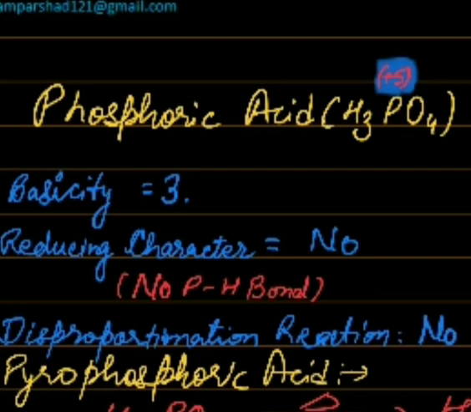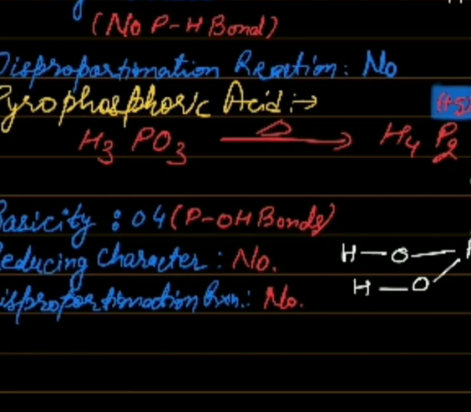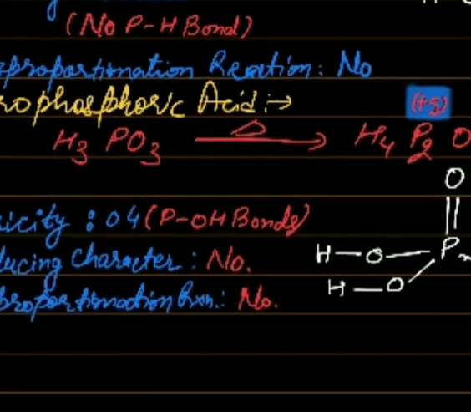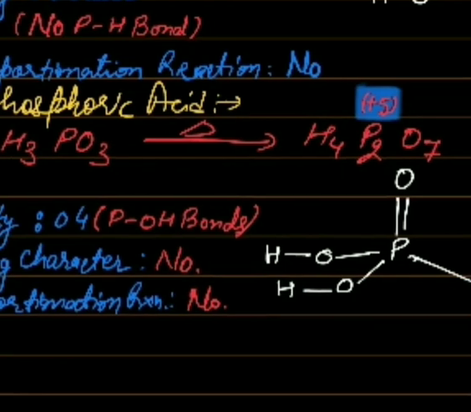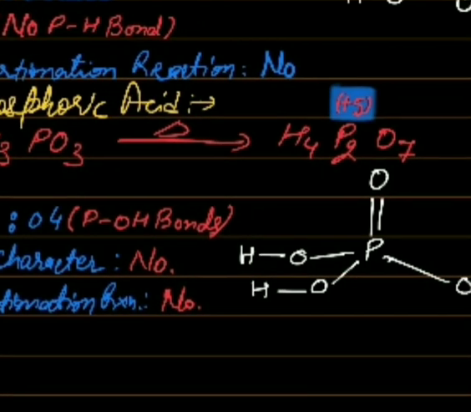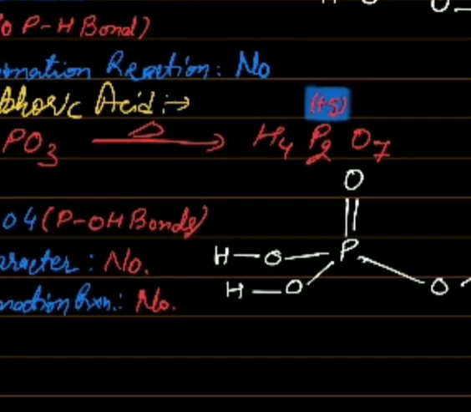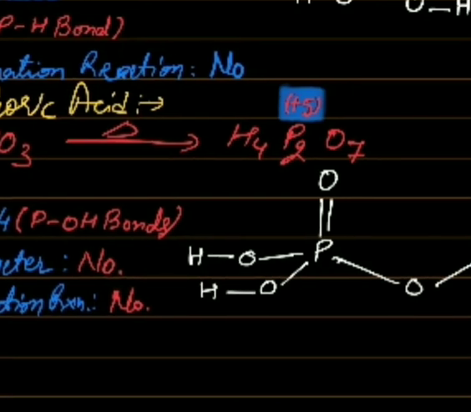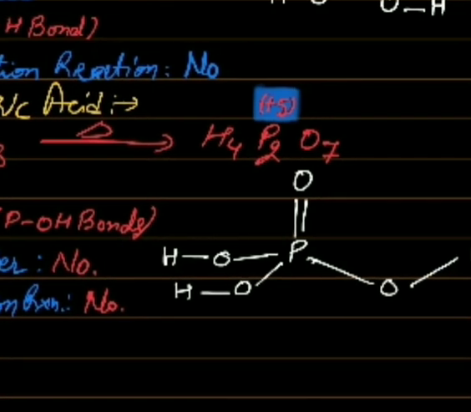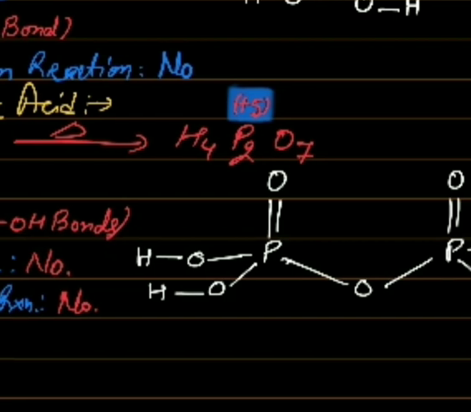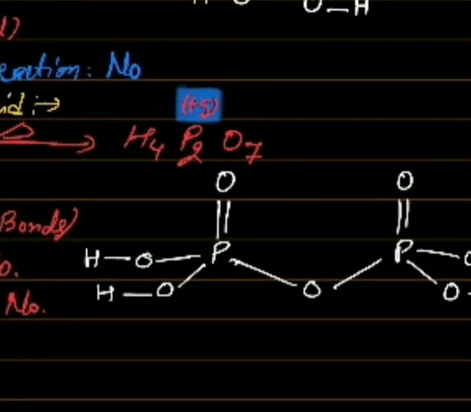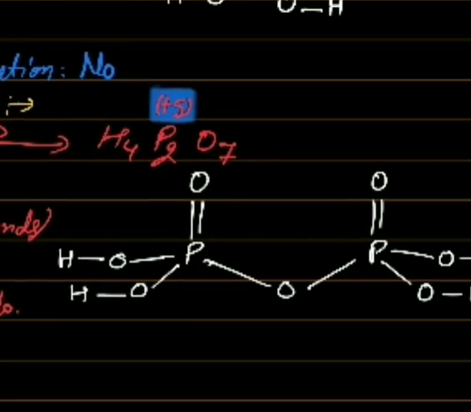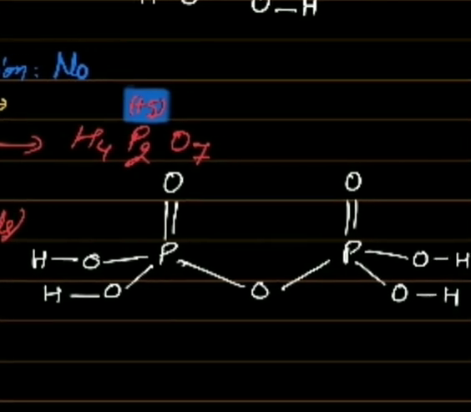Now let us discuss another oxoacid of phosphorus, that is pyrophosphoric acid. As the name suggests, it is derived by heating the phosphoric acid. The formula is H4P2O7, but the oxidation state is the same as that of phosphoric acid, so it is +5.